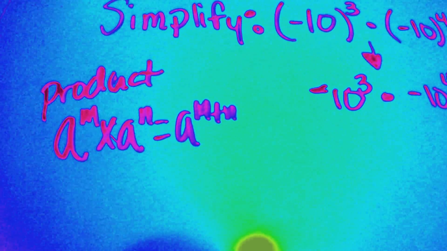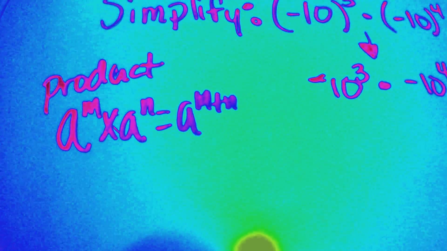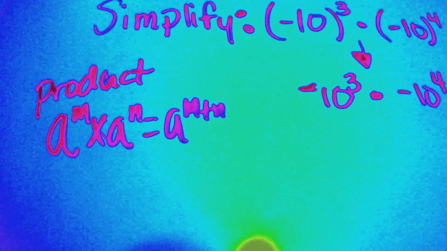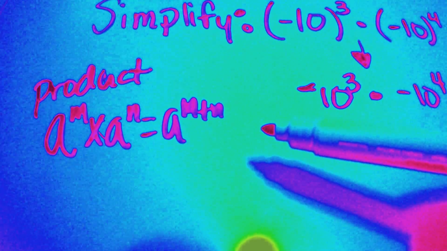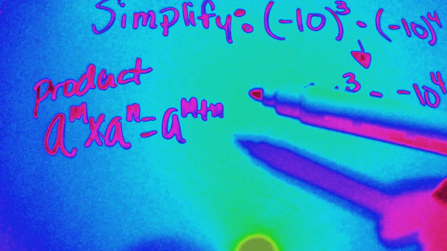A to the M times A to the N equals A to the M plus N. Alright, when we have two exponents with the same base, and you're multiplying these exponents, you want to add the powers.